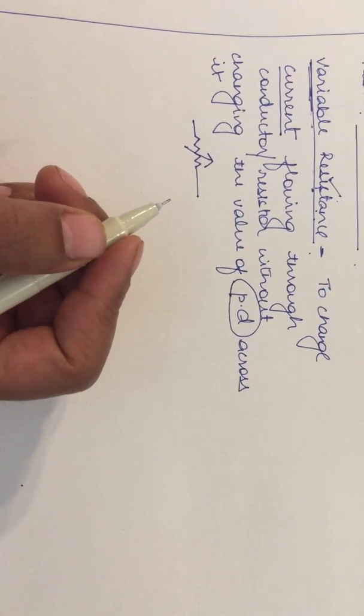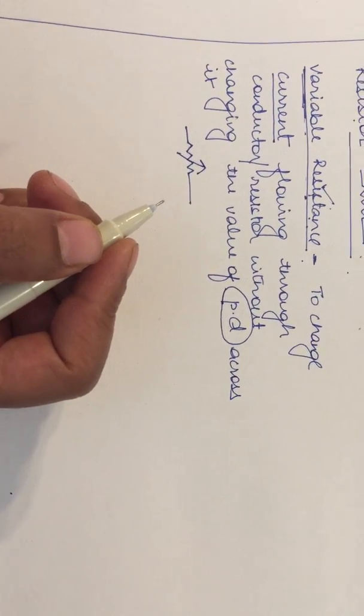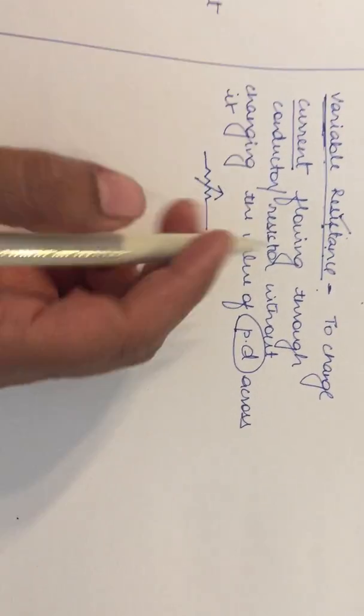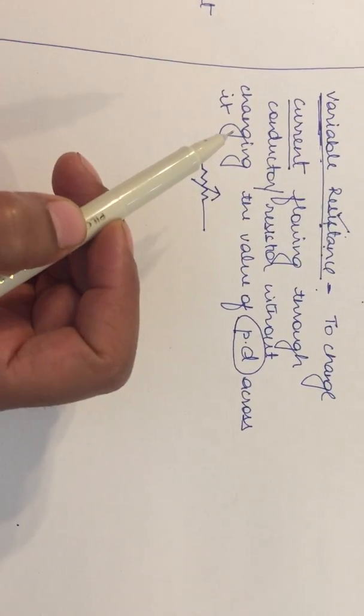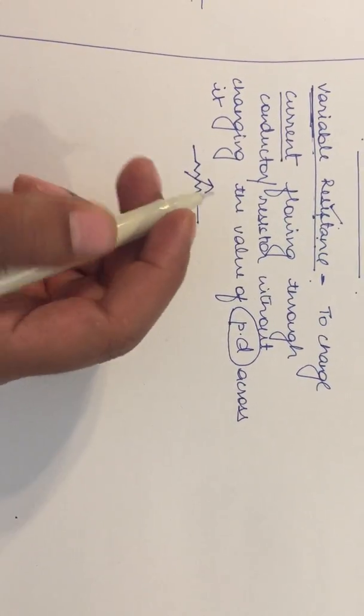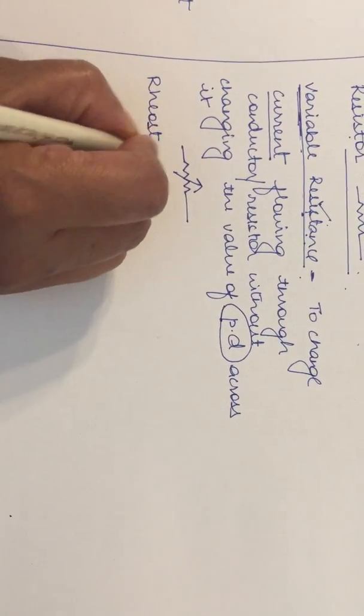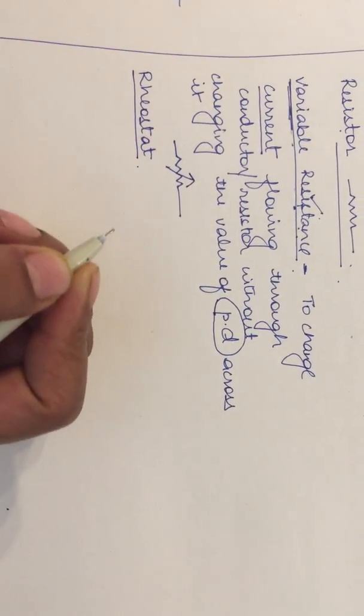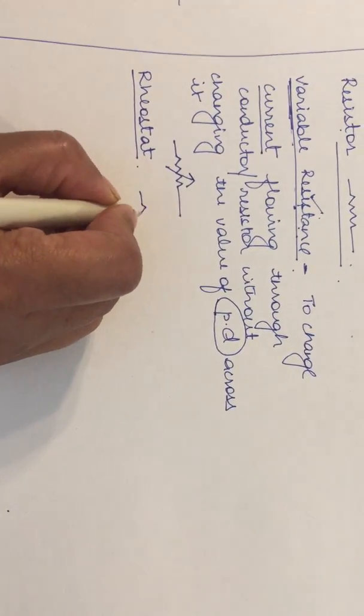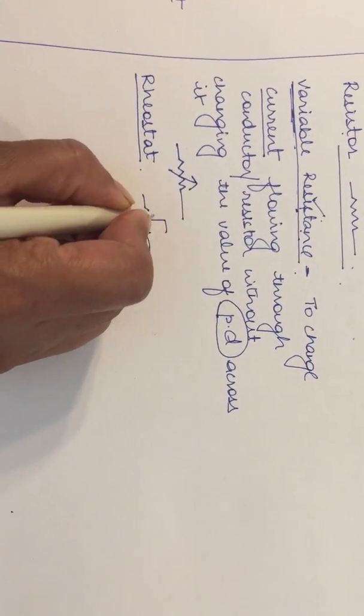Now in labs sometimes we want to vary this resistance. So in labs we do it with the help of a rheostat. The symbol for rheostat is this.